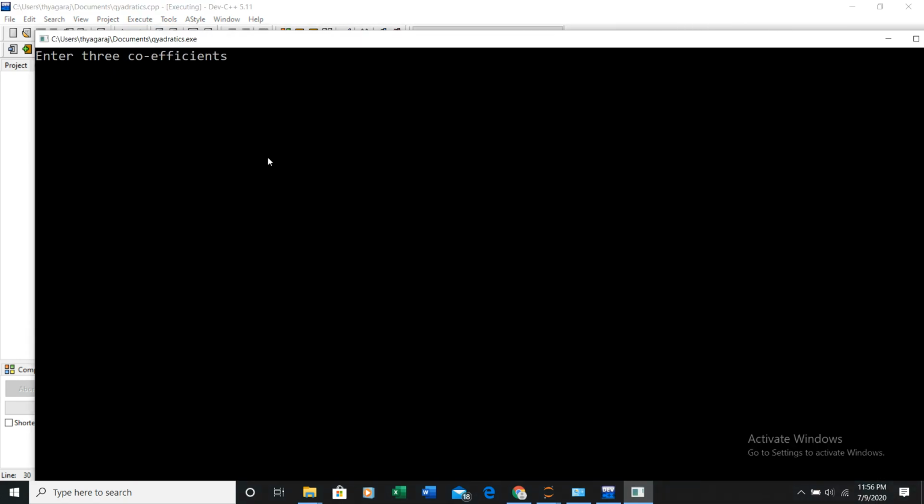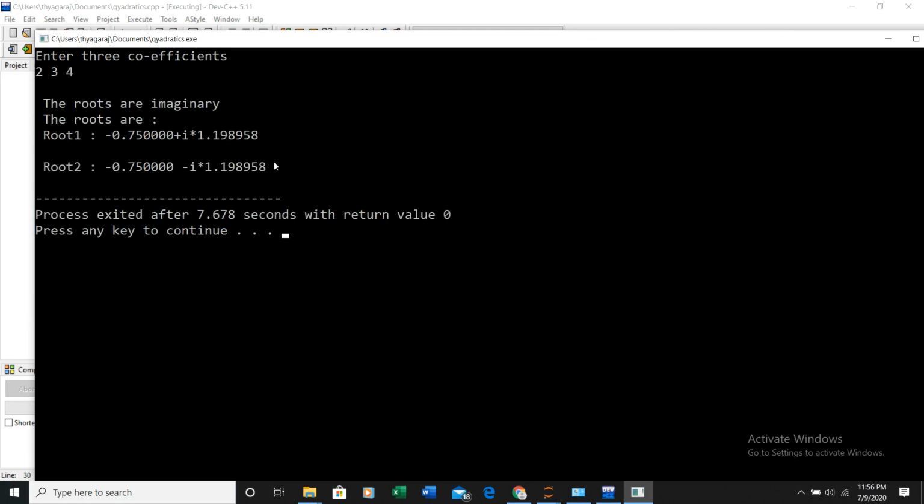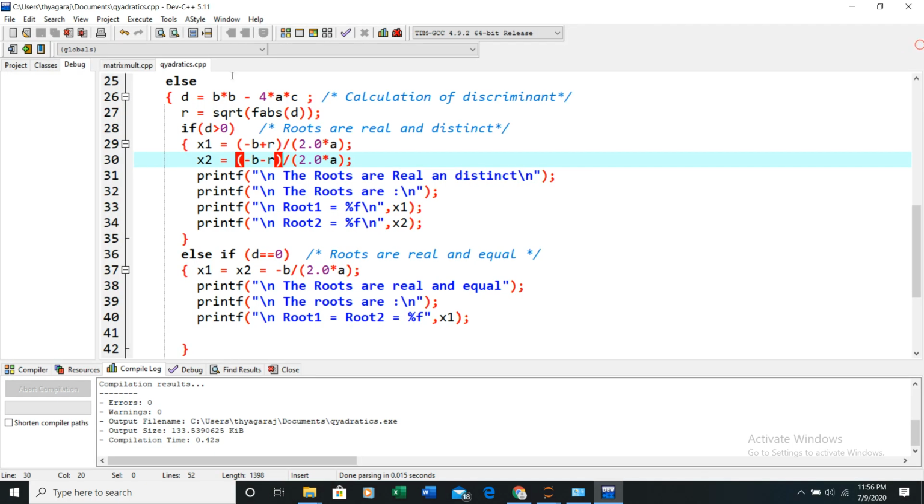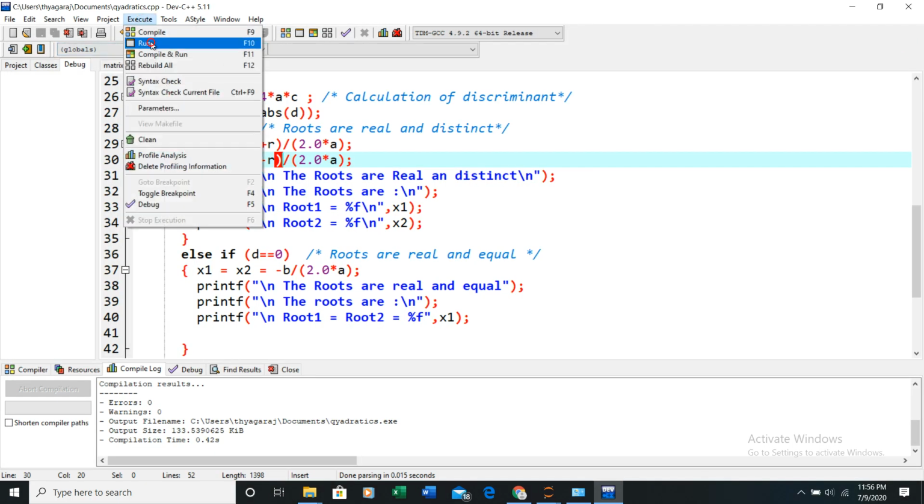Then here, third run, enter 2, 3, 4. Here the roots are imaginary. Root 1 is 0.75 plus I into 1.198. Similarly, root 2 equal to 0.75 minus I into 1.198. Now this is the third one. We'll check for the last type of execution.